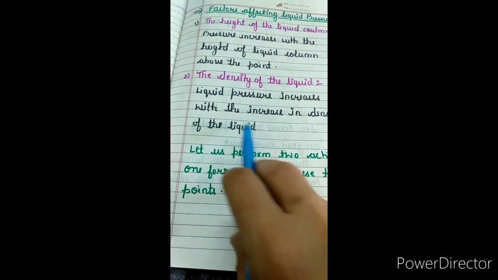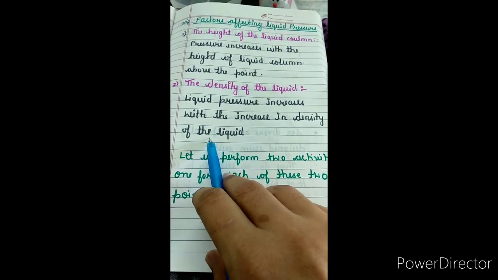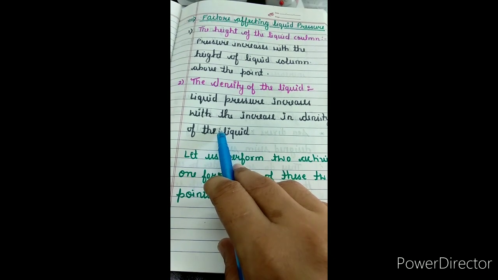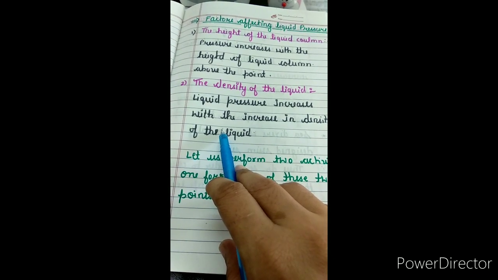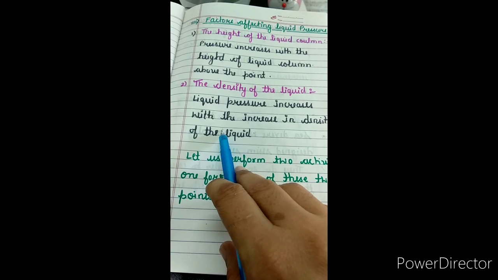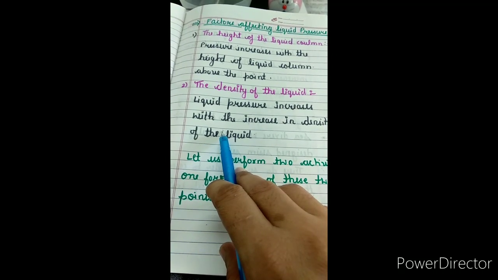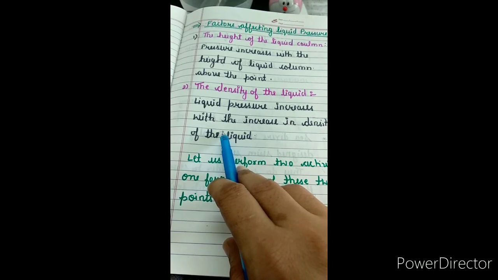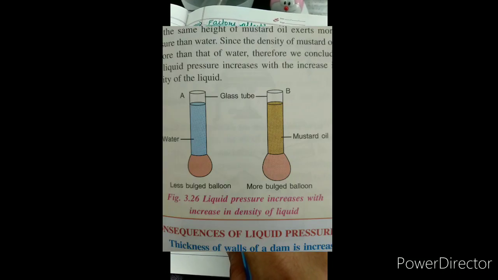Liquid pressure increases with an increase in the density of the liquid. For better understanding, we can repeat the first activity, in which we fixed a balloon at one end of a bottle and filled the bottle with water, and the balloon bulges out. Repeat it with two different liquids, one with water, another with mustard oil.